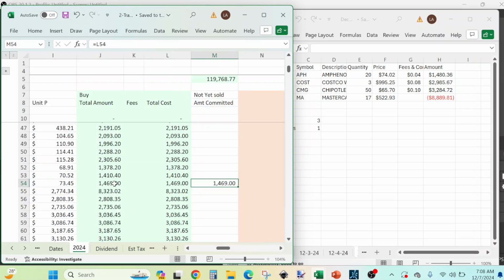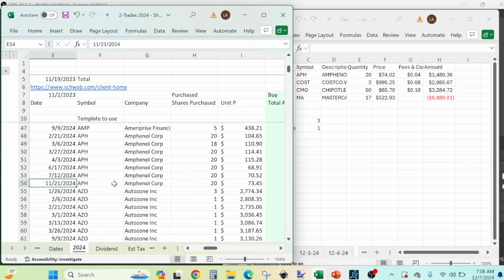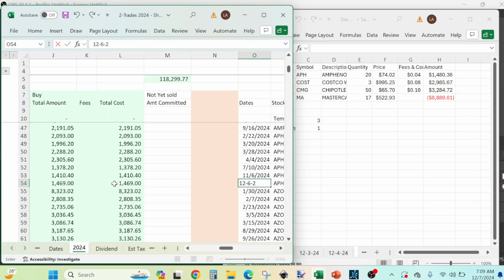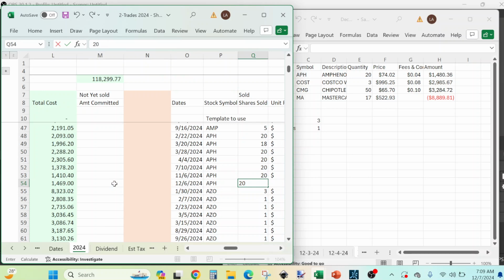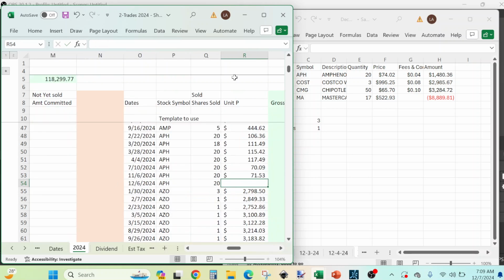So let's go back and check when we purchased this one. We purchased it on November 21st, and we sold it on December 6th. The full 20 shares for $74.02.